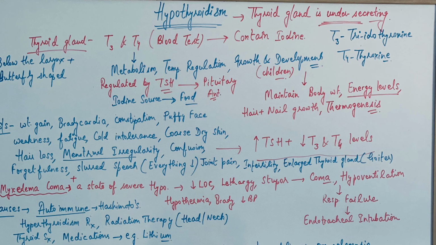So every type of metabolism is regulated by T3 and T4. Plus, these hormones are responsible for thermoregulation in our body, that is temperature regulation, the inner temperature of the body, which is regulated by the thyroid gland.